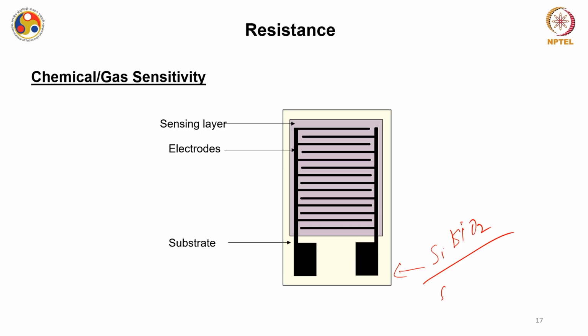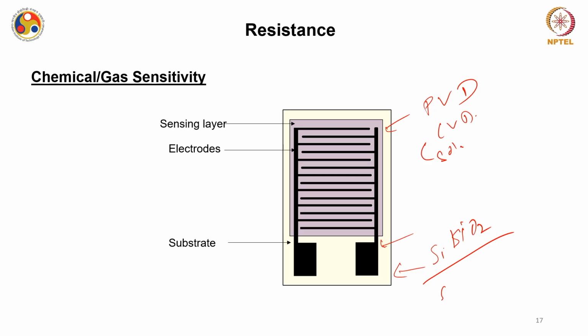So you have metal electrodes, and you have a sensing layer coated by some method, say PVD or CVD or some other method like sol-gel or hydrothermal, whatever method you use, and on top you have electrodes and you have the substrate.